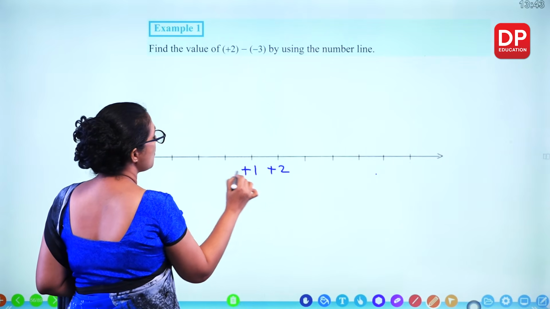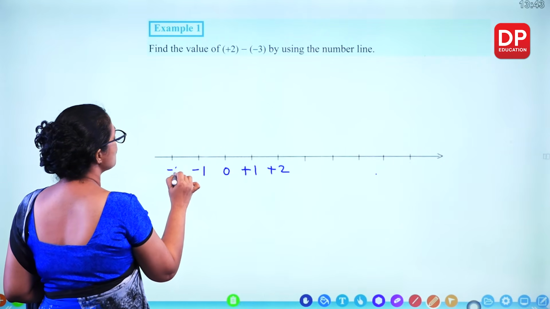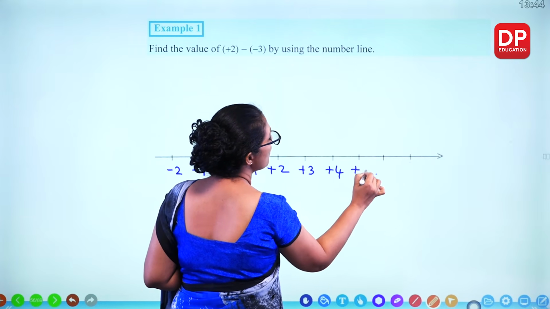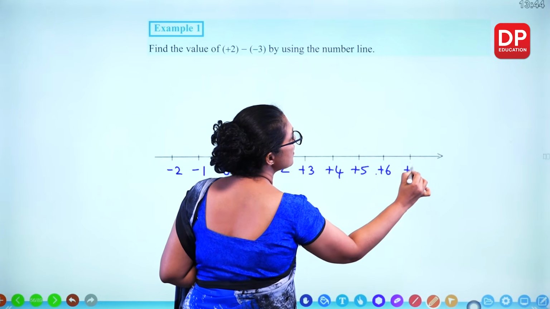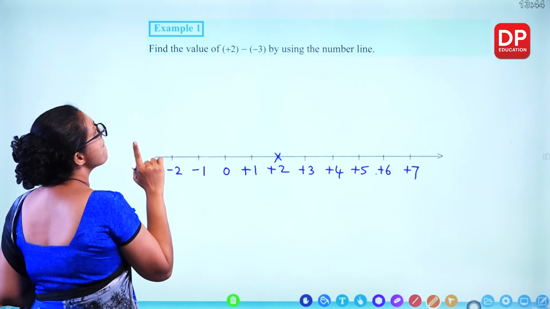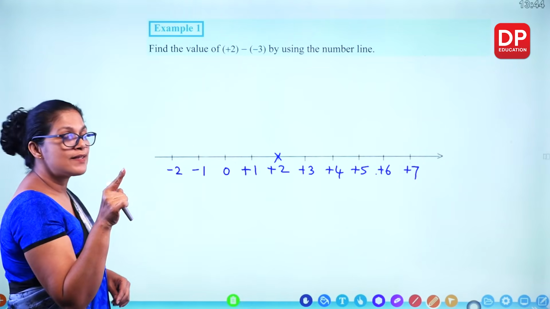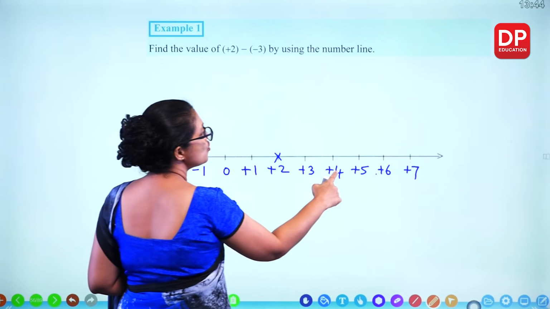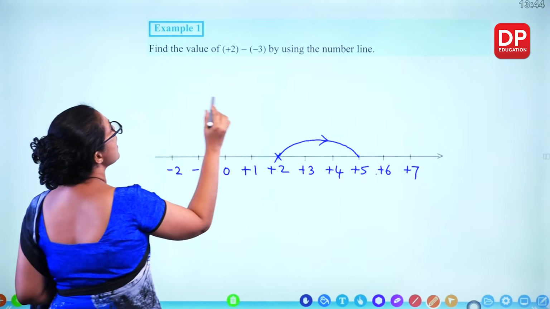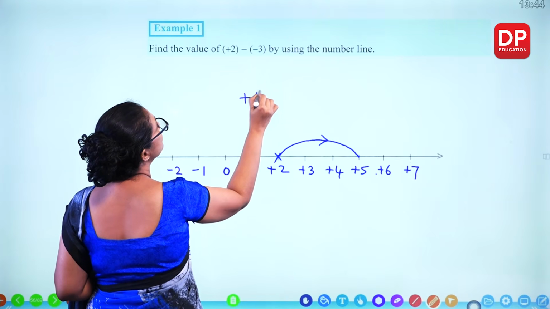So this is plus 1, 0, minus 1, minus 2, plus 3, plus 4, plus 5, plus 6, plus 7. So start with plus 2 here. Move 3 places to the right. 1, 2, 3. So what's the final answer? That's plus 5.